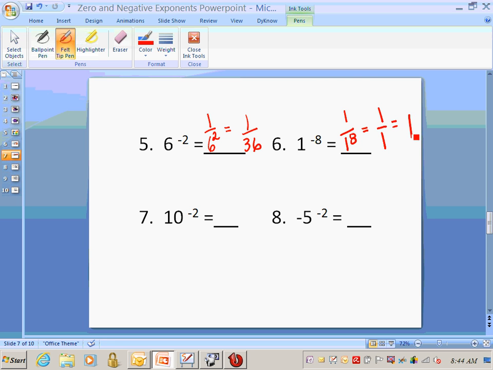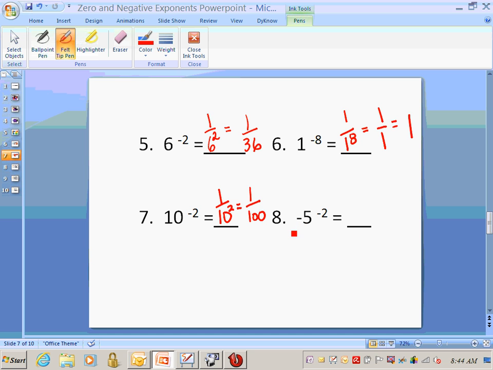So my answer is going to be 1. Okay, 7, 10 to the negative 2. What would I do? 1 over 10 squared. Good. So that's going to be 1 over 100.